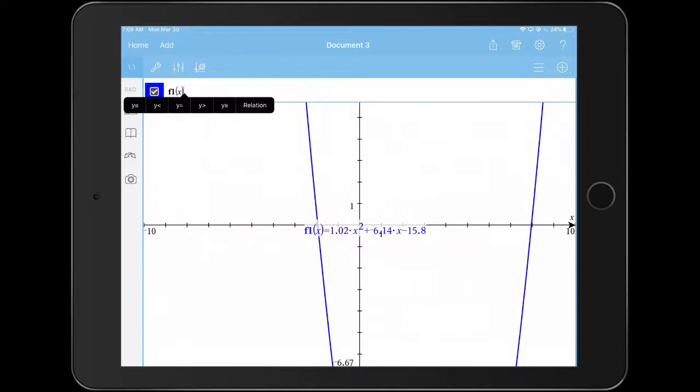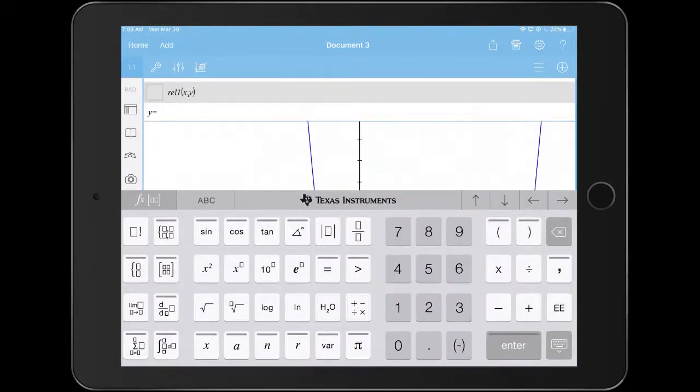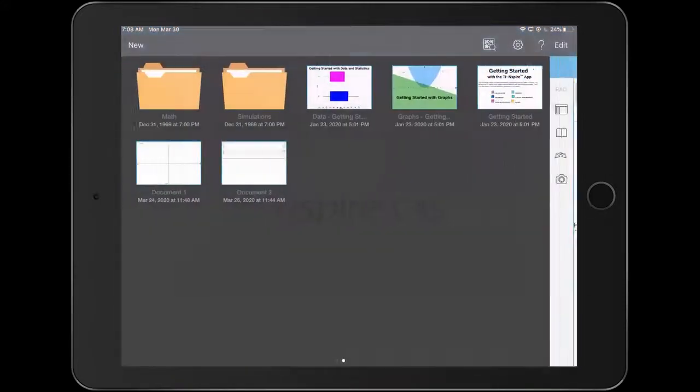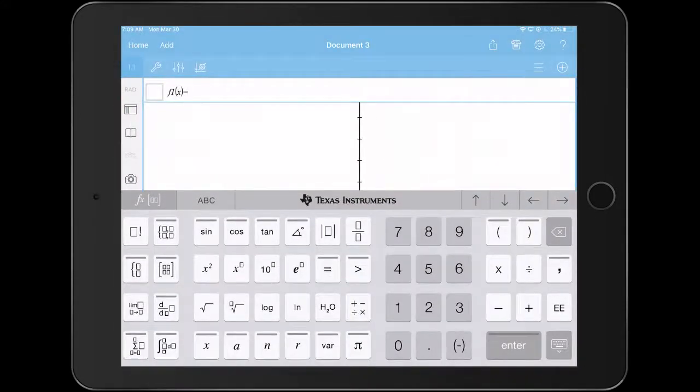And that function is y is equal to, here I'm just going to get rid of the old one and start a new one. So 7/2 x minus 2.